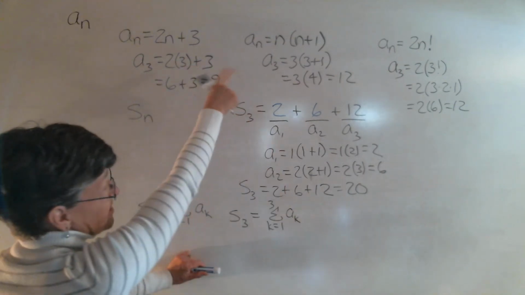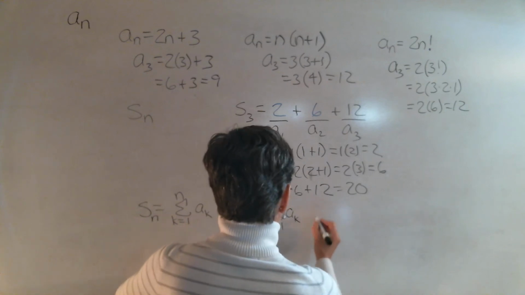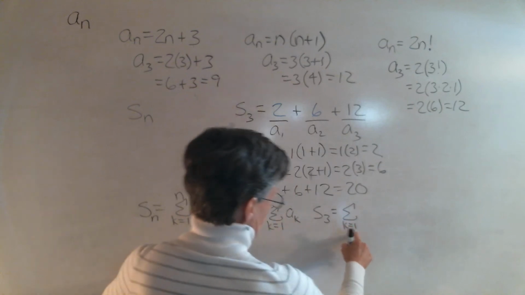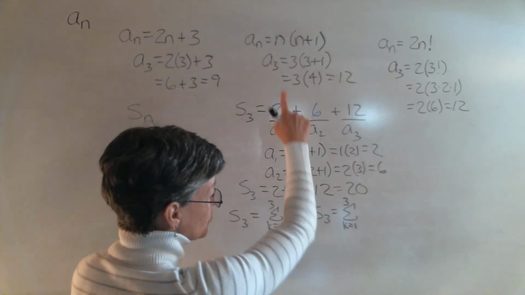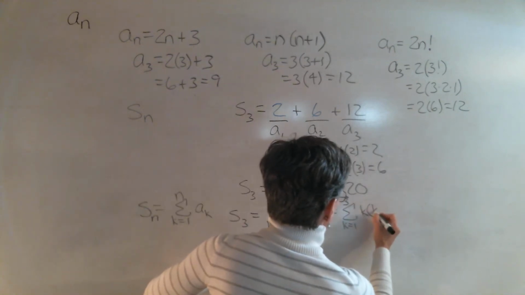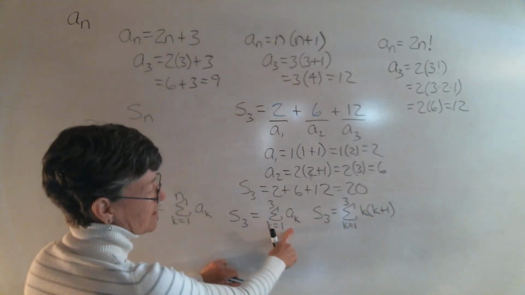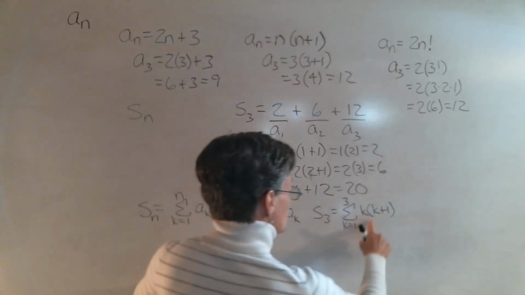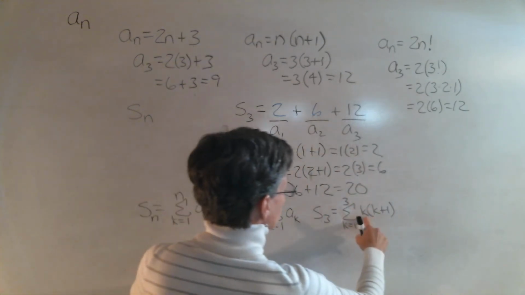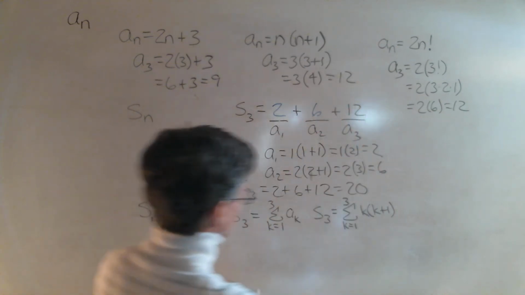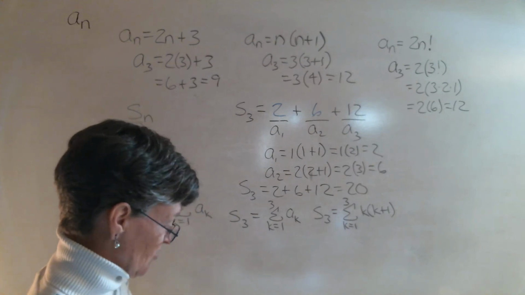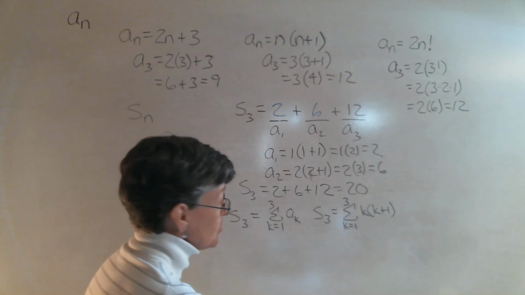Well, A sub k is really my A sub n, so instead of putting n now, I'm going to put k in: k times k plus 1, because that's my A sub k that I'm using. And so then we would put 1 in and find that term, we would put 2 in and find that term, and we would put 3 in and find that term. And that's how we would use the sum symbol to calculate the sum of a sequence of terms.